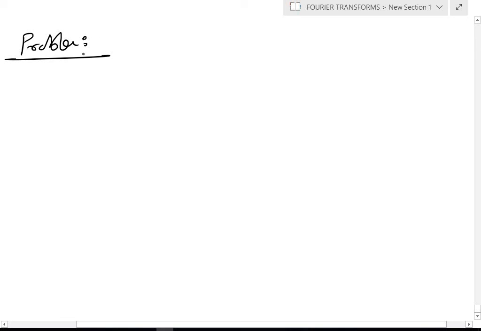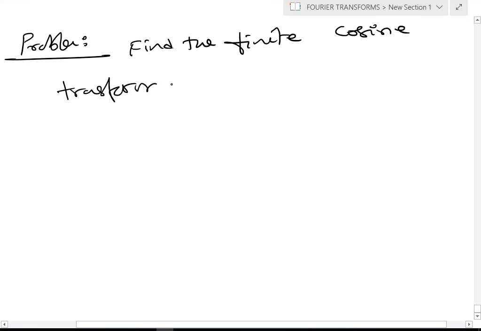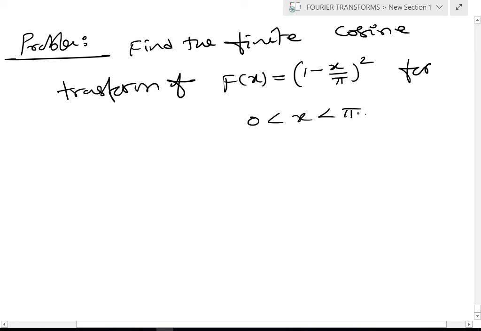Another problem we are taking here: find the finite cosine transform of the function f of x is equal to 1 minus x by pi whole square for 0 less than x less than pi. You need to carry the integration from 0 to pi. Okay, so let's see here.